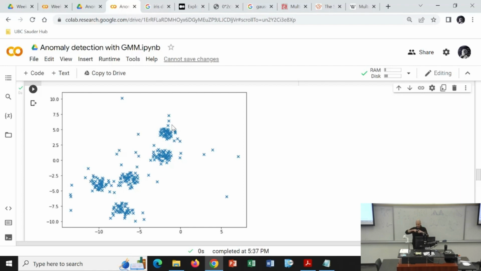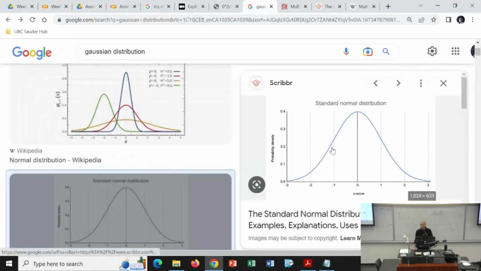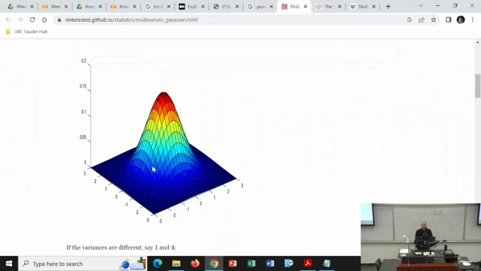So we had 1-dimensional and we had 2-dimensional, which looks 3D. But this Gaussian distribution can also be in 10 dimensions. It works because in 1 dimension, you have variance, which is a number. For example, the variance of this distribution is 1. And for this distribution, instead of one number, you have a matrix. So moving from 1 dimension to 2 dimensions is moving from a number to a matrix.